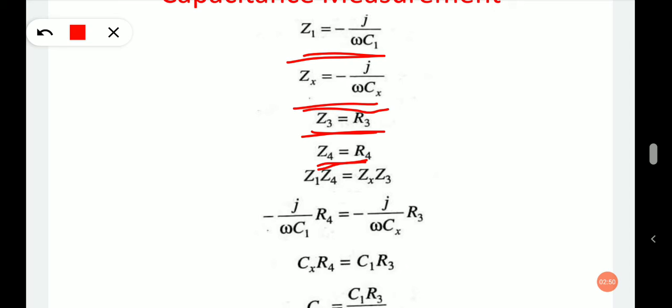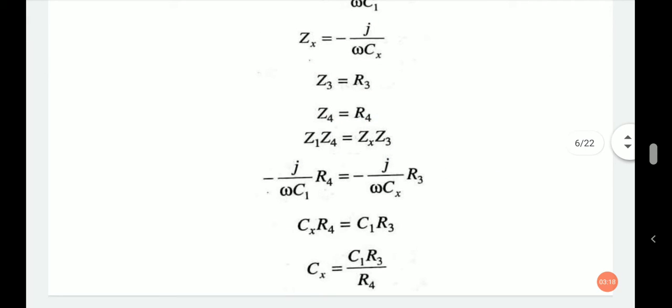And for the bridge to balance, it must hold the relation Z1 Z4 equals Zx into Z3. We have already seen this relation. If we substitute the values in this equation, then we will get minus j upon omega C1 into R4 equals minus j upon omega Cx into R3.